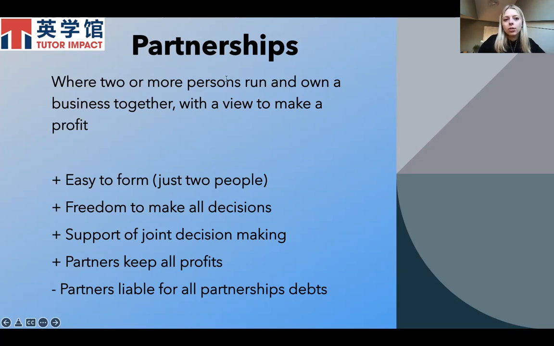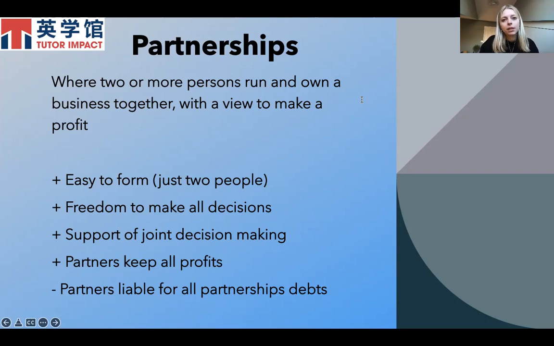This is quite similar to the sole trader, other than the fact there are two people rather than one. The additional benefit of the partnership is that because there is more than one person running the business, they have the support of joint decision making.